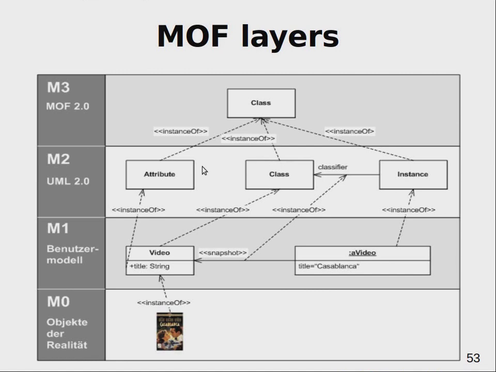And in general you see that all these so-called meta classes are actually just instances of a more abstract thing called the meta class. And what does instance of mean?